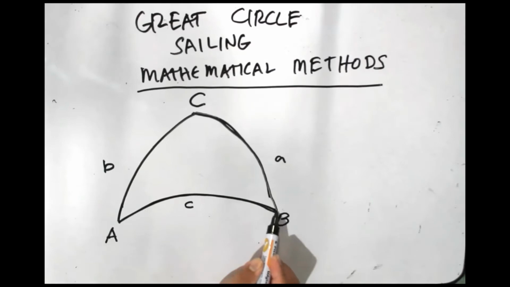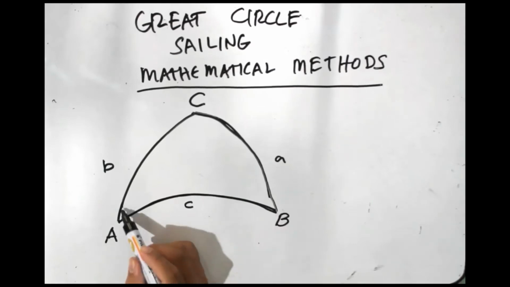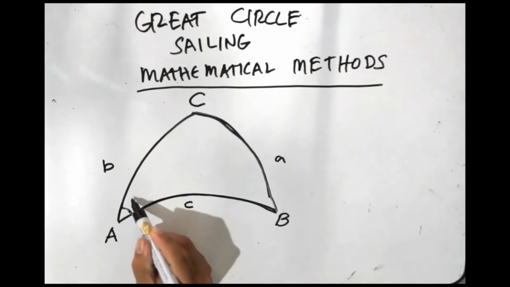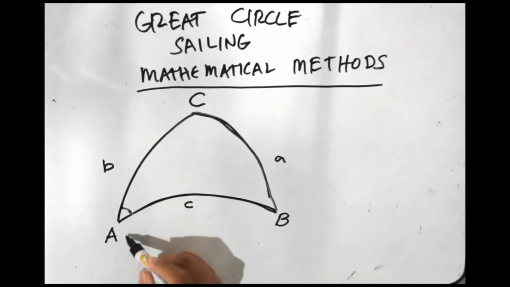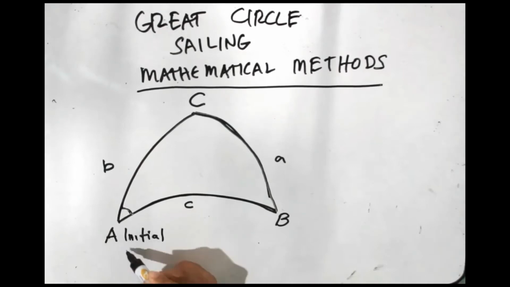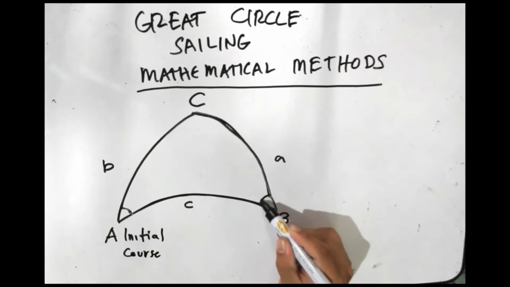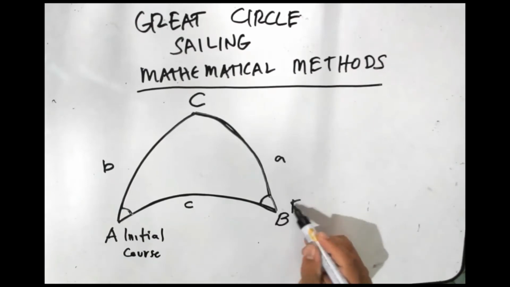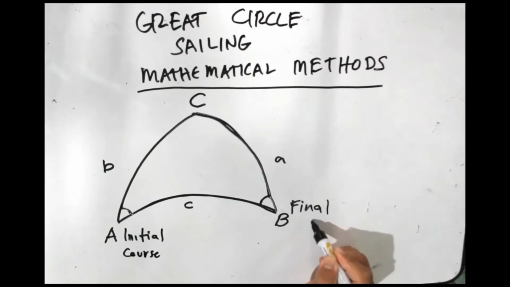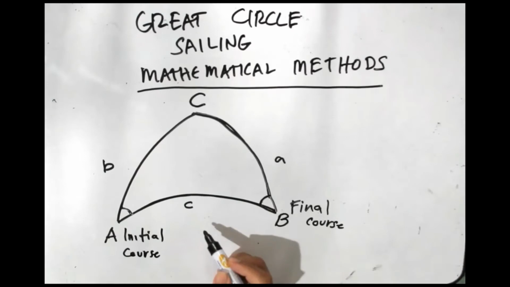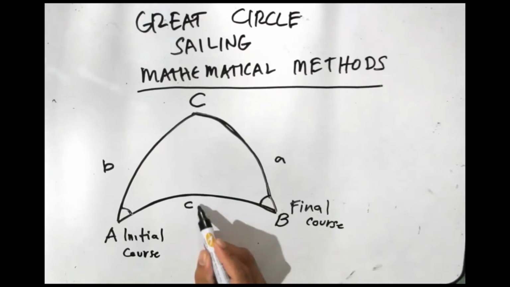So the thing here is we must calculate the angle na to, no? Or the initial course. And of course, we should also get the angle here, which is the final course. And the small c will be the distance. This one is the distance.